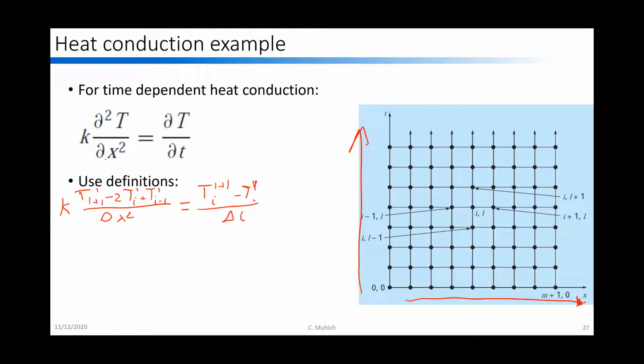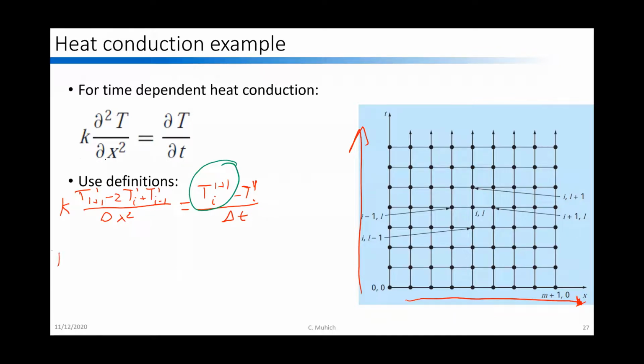over delta t. And now I'm going to rearrange these pieces to isolate my next step. So I want to isolate this next step. Okay, so I need to move this delta t over and this T_i over.